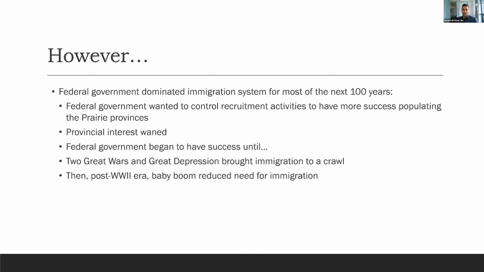And with the average Canadian family having 4 or more kids, there wasn't really a need for the federal government as well as the provinces to be as aggressive on the immigration front as we are today, when our birth rate is about 1.4 to 1.5 births per family.